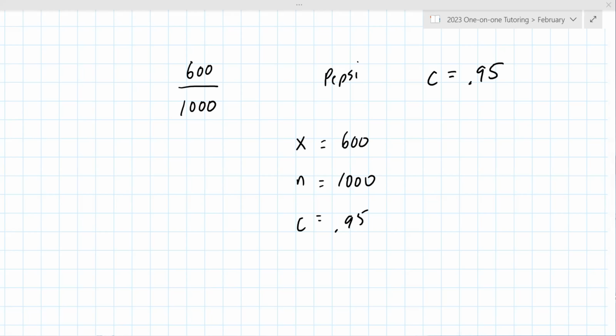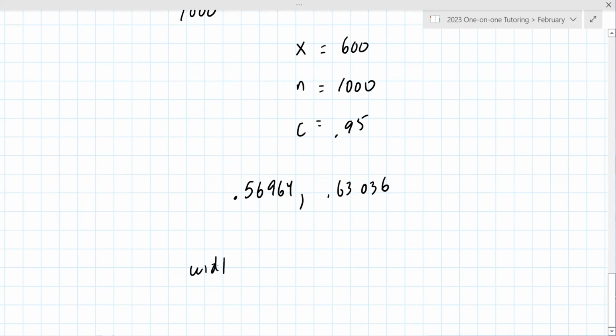Let me know what you come up with. The interval is 0.56964 to 0.63036. Okay, so next I'd like the width of the confidence interval.